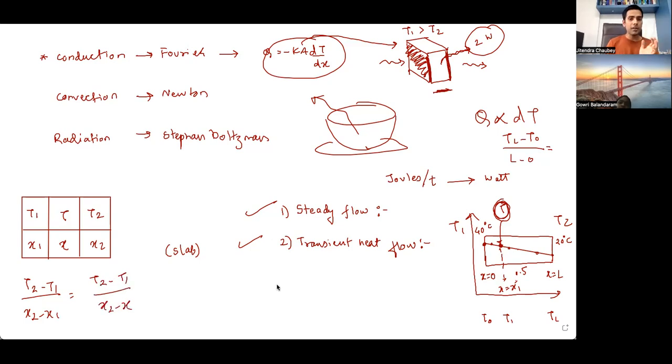You can also take T1 minus T upon x1 minus x over here. It is all up to you, it's your freedom. So anytime you need to calculate a temperature at a point in a question, you can use this relation linearly. That is one way.